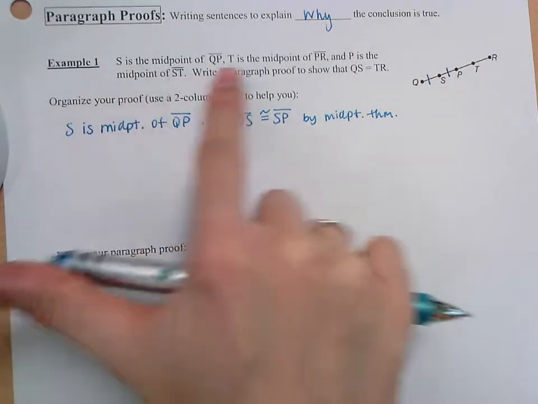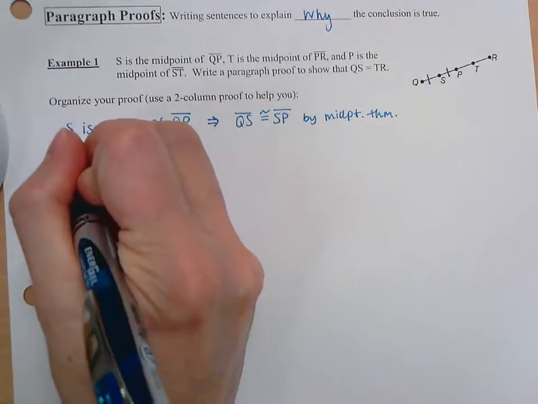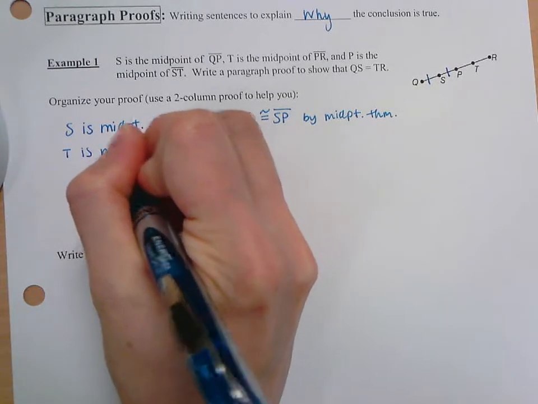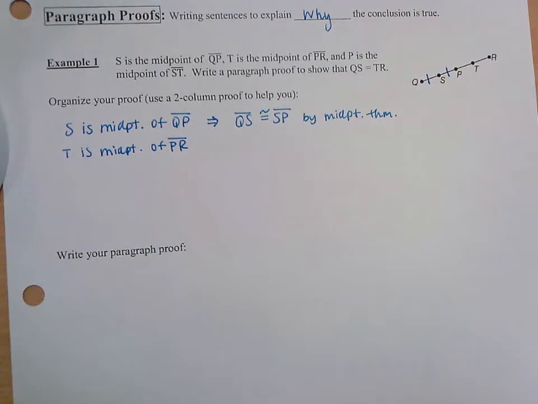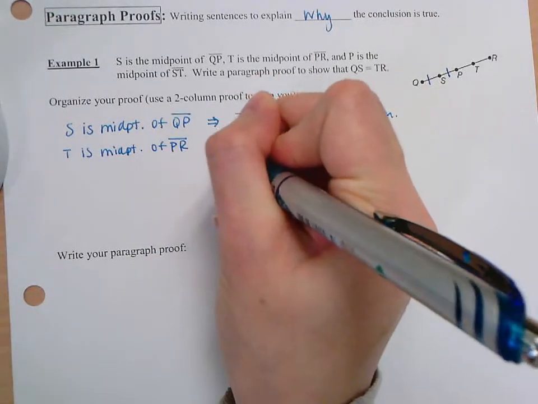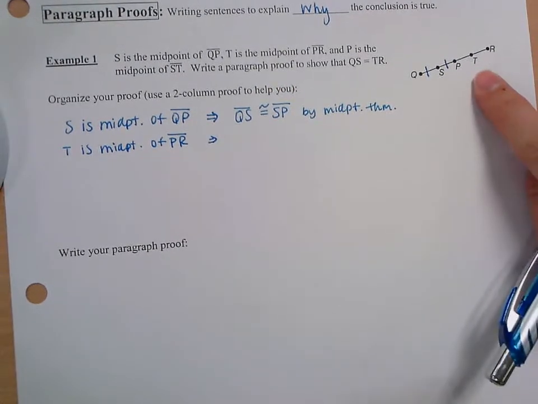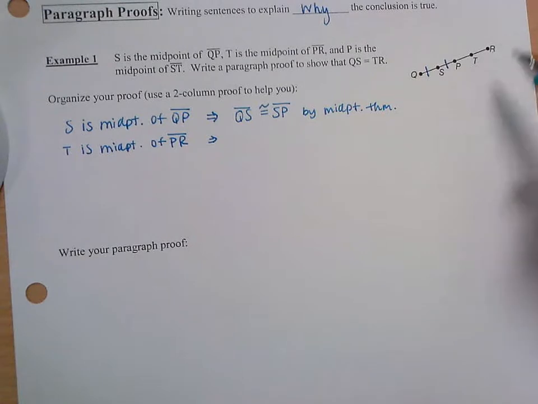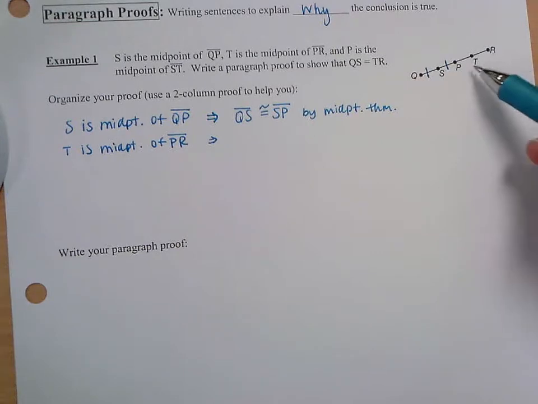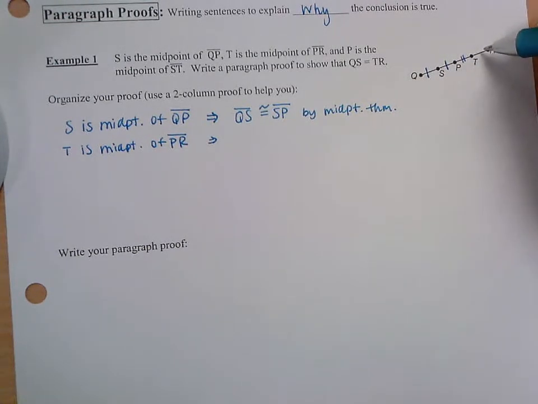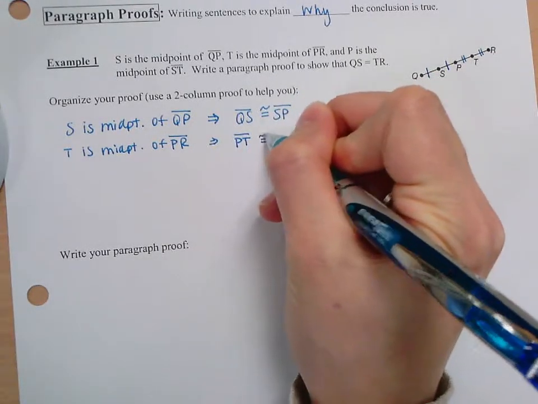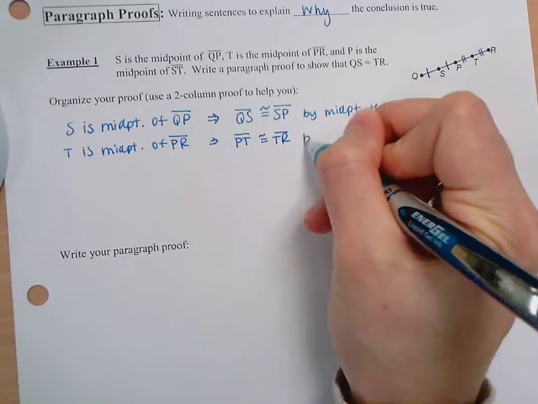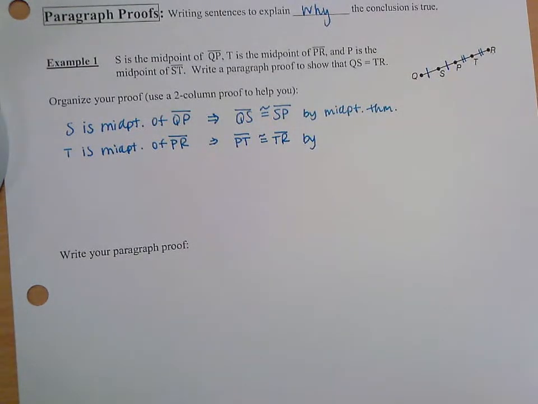Now I'm going to look at what else I'm given. T is the midpoint of PR. So again, looking at my picture, if T is the midpoint of PR, what do I know? PT and TR are congruent to each other. And what reason is that? How do I know that?